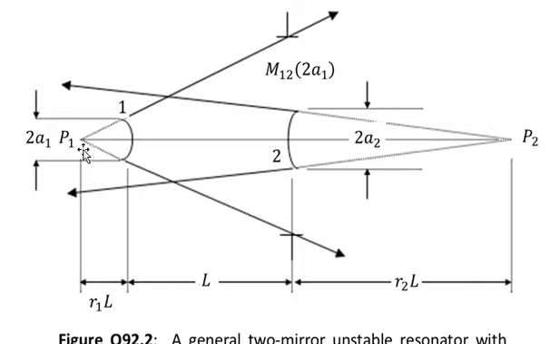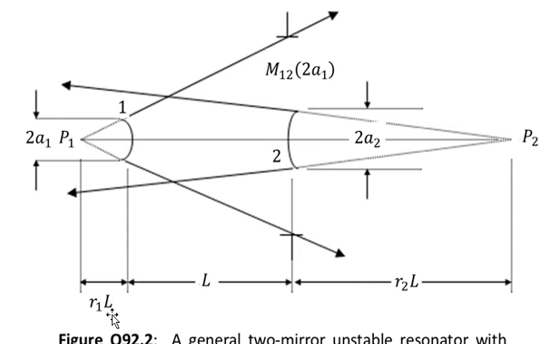And P1 is the center of the radius of curvature for the mirror 1, and P2 is the point which is the center of the radius of curvature for the mirror 2. The separation between the mirror 1 and the mirror 2 is given by capital L. The point P1 is located behind the mirror 1 and has a separation equal to R1.